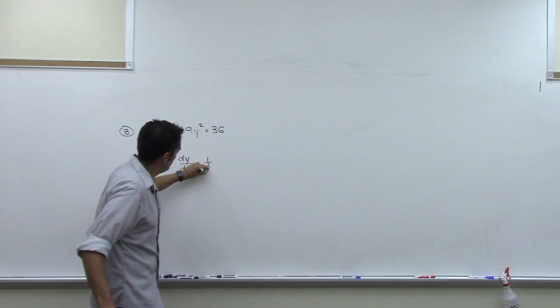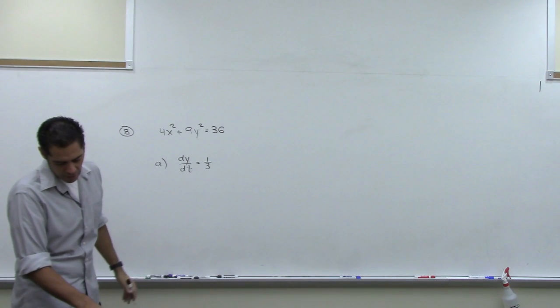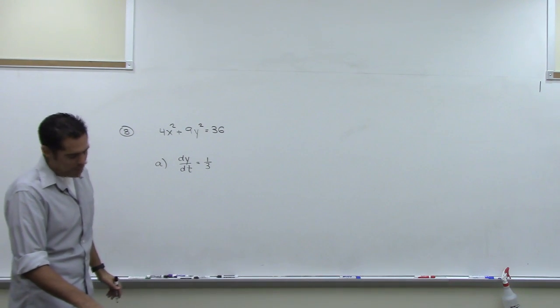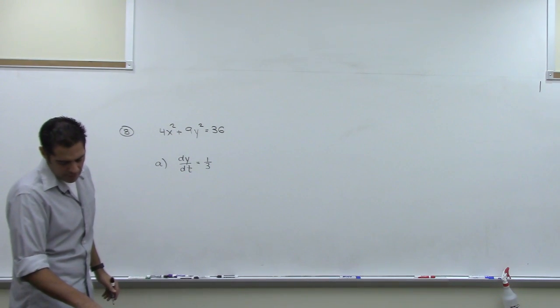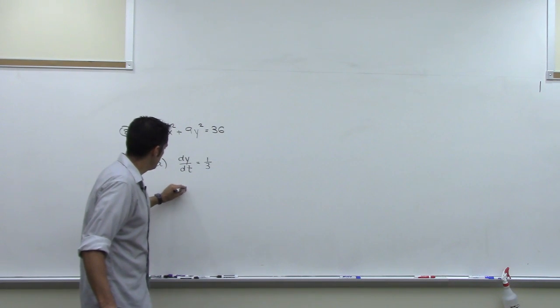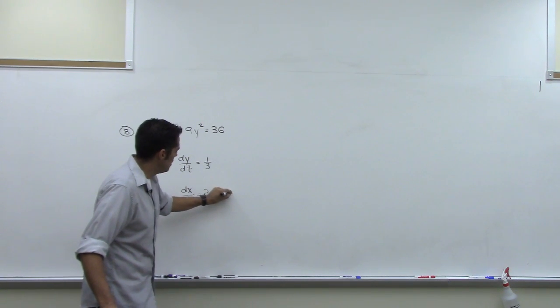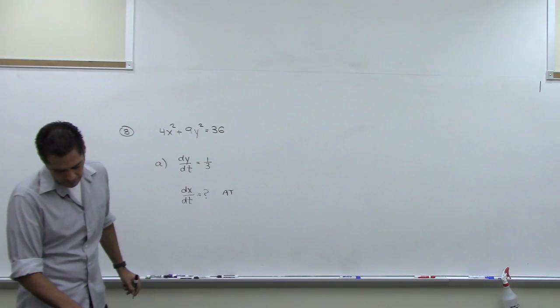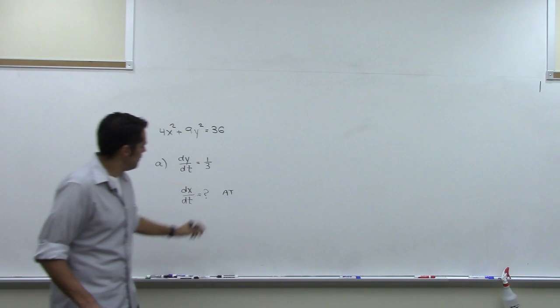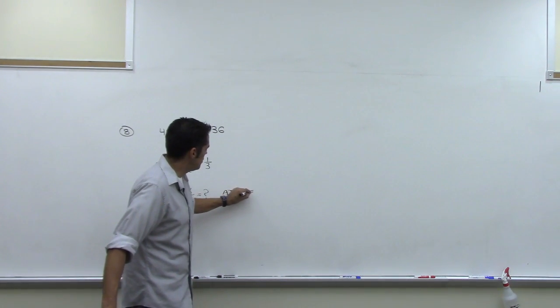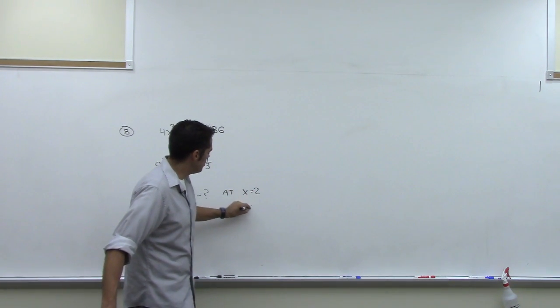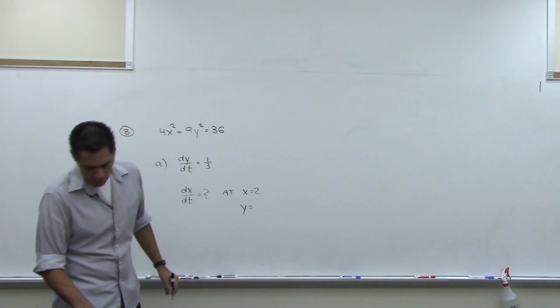The y coordinate is always changing at a certain rate as you draw it. It says to find dx/dt at the moment that x is 2 and y equals 2/3 root 5.